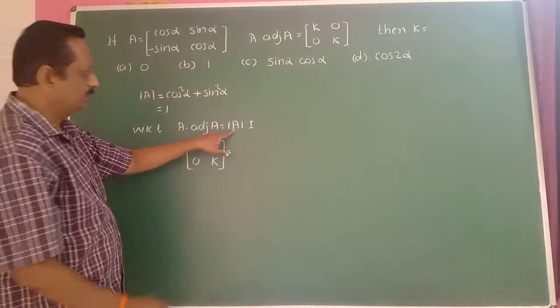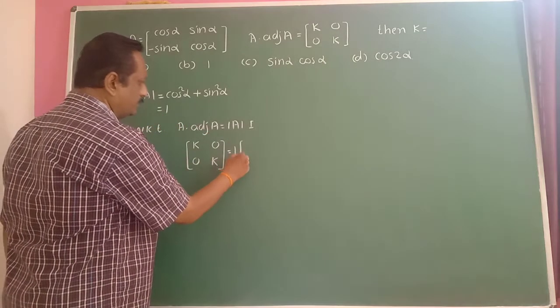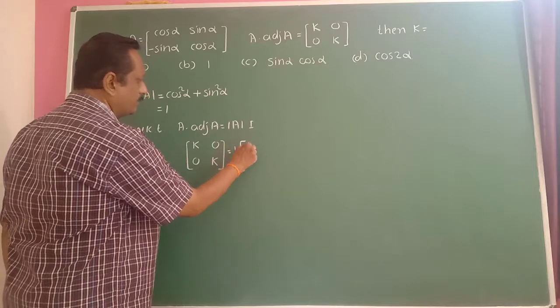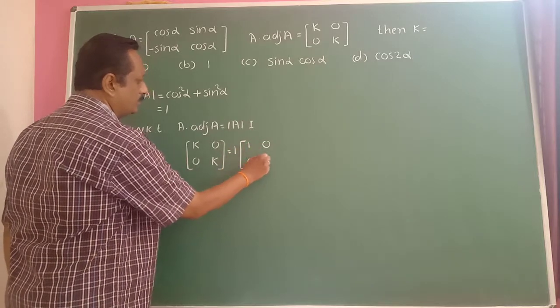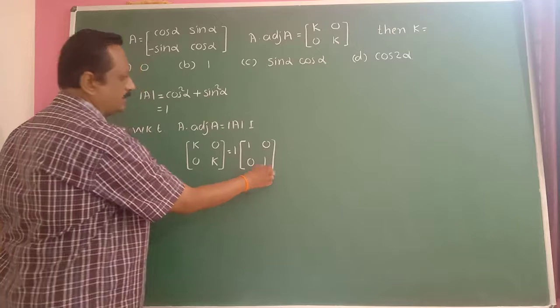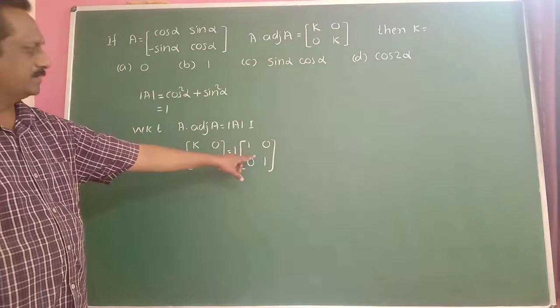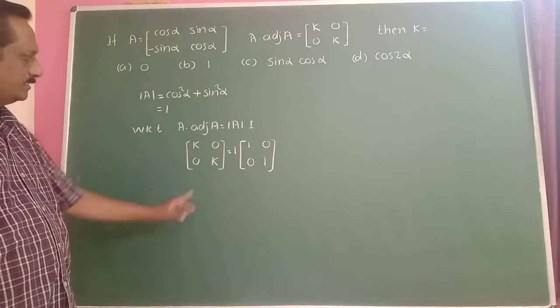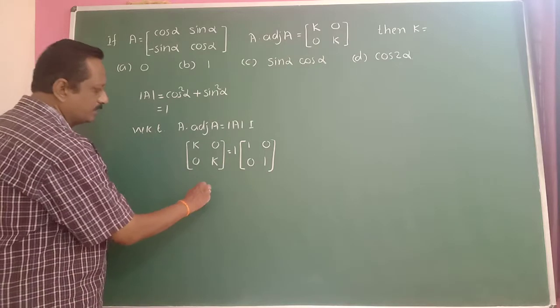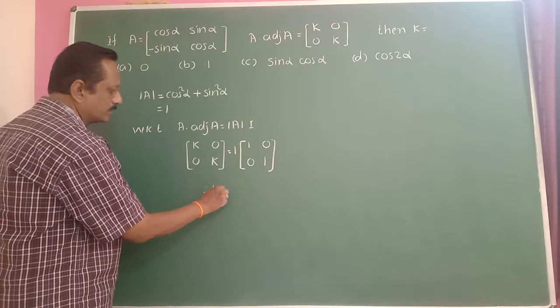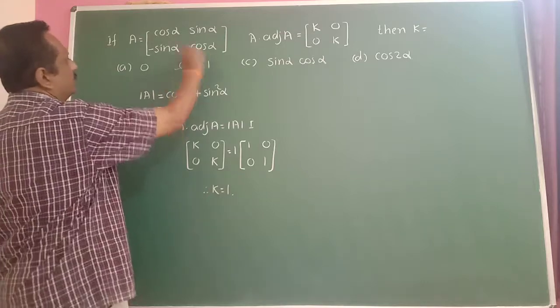So this is 1 into identity matrix 1 0 0 1 here. So this is already 1 here. Therefore 1 into the matrix is 1 0 0 1 only. Then equate it here. Therefore K is equal to 1. Therefore B is the correct option.